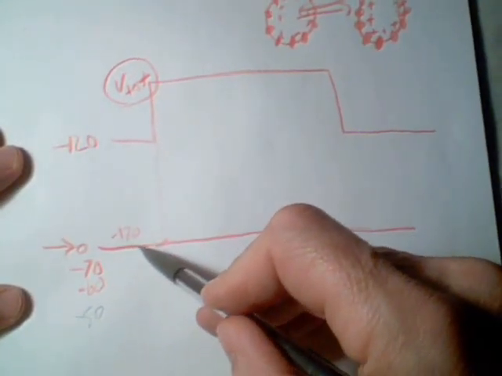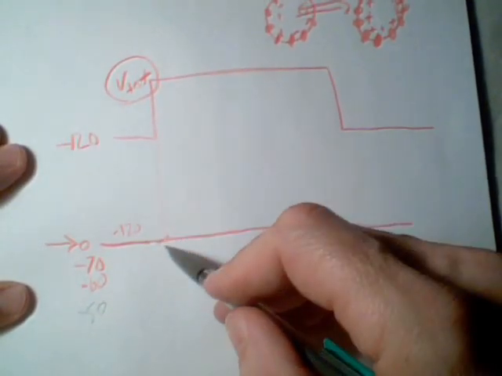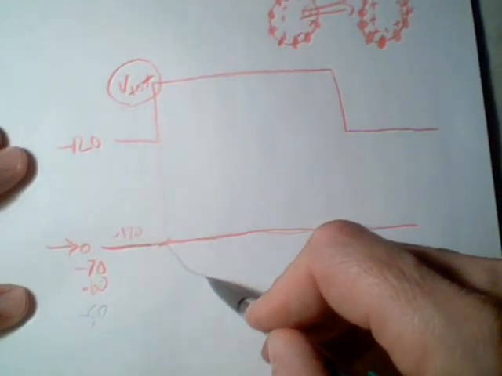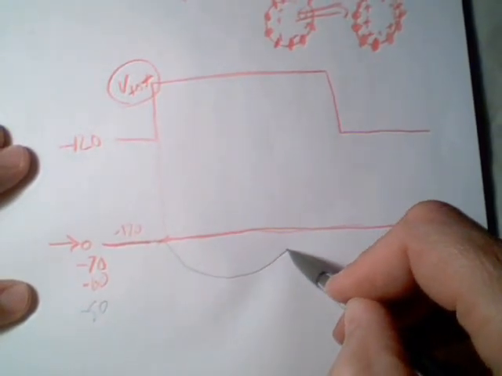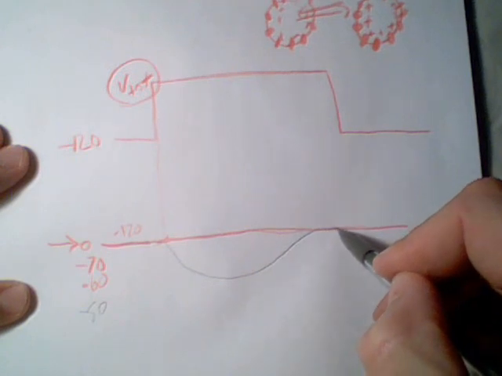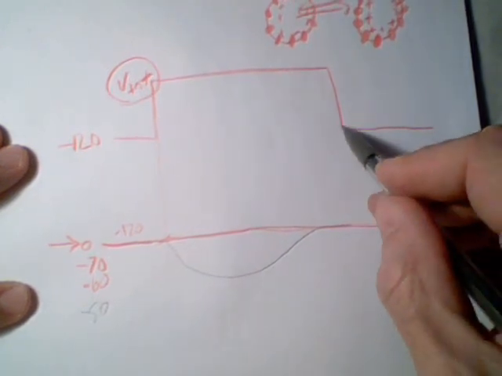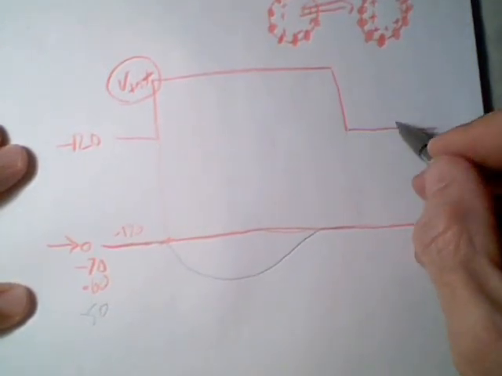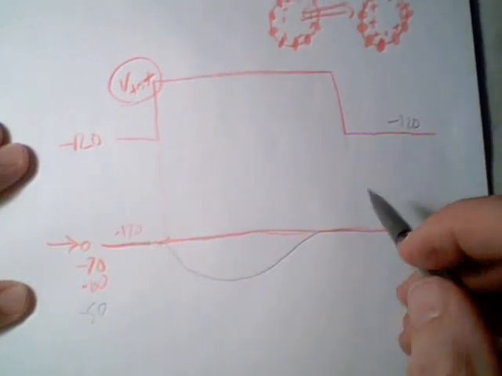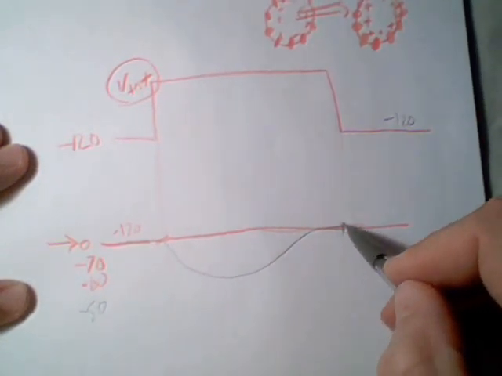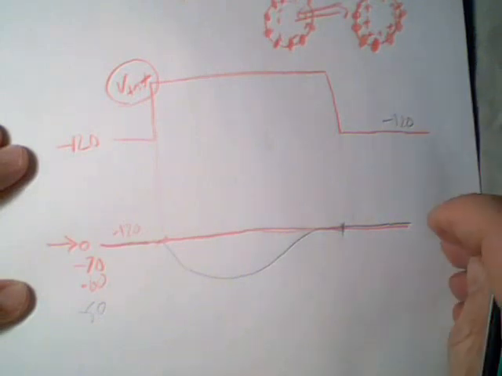What we find is we'd start off again with zero current because we're at -120. Now we step to -50, and lo and behold, we begin to see inward current, but then it inactivates. And on the transition back to -120 millivolts, we would find that there is no change; the current would remain at zero.